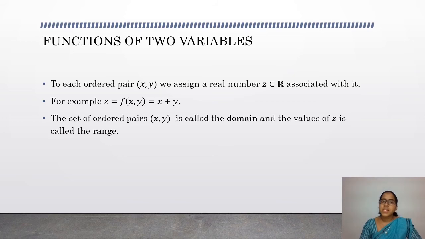For example, say z is equal to f of x, y is equal to x plus y. That is a function of two variables. In this case, the set of ordered pairs x and y will form the domain of that particular function, and the values that we obtain, that is z, is called the range of this function. Looking at the example z equal to x plus y, x and y can take any values that we give, and corresponding to those values we get a value of z.